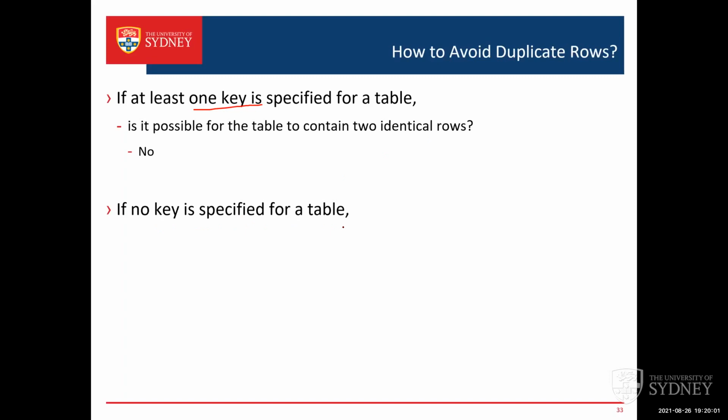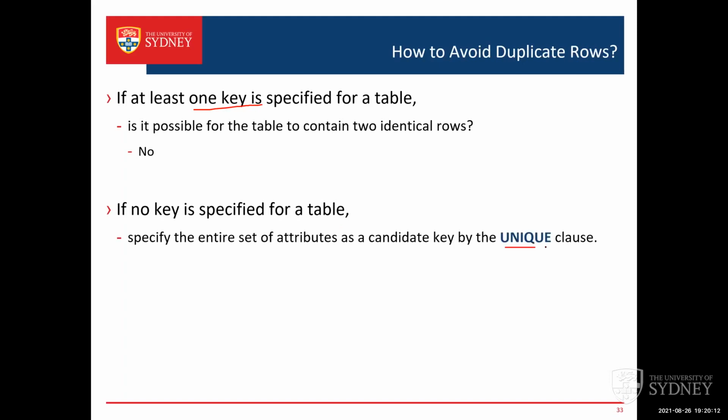If no key is specified, then what can we do? No key here simply means no primary key, no foreign key has been declared. We can definitely use a candidate key using the keyword called unique, right? We have learned that one. Using unique, we can specify that everything will be different, using unique for the entire set of attributes.